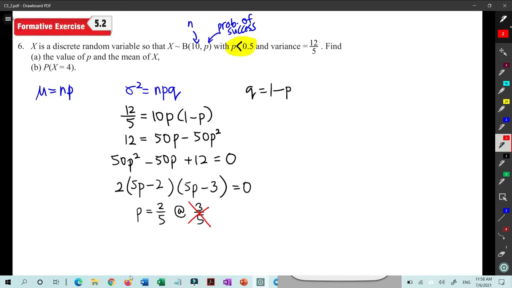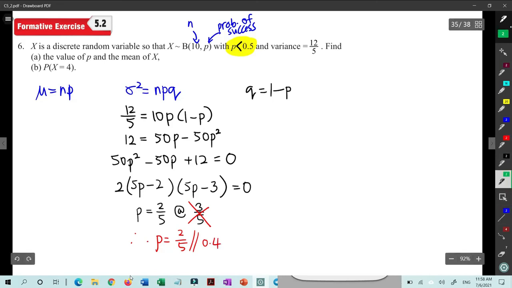So the value of p is 2 over 5 or 0.4. And we can find the value of mean. Mean is equal to np, n is equal to 10, so 10 times 0.4, the mean is equal to 4.